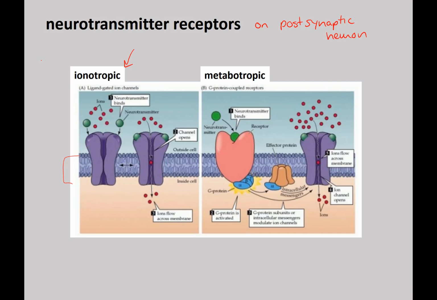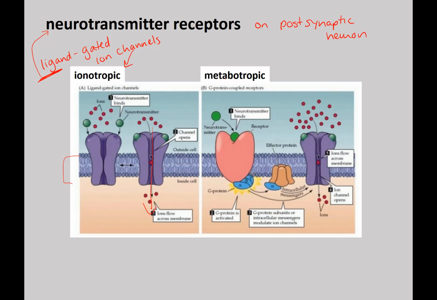So these are ligand-gated ion channels. And the ligand is the neurotransmitter. So when the neurotransmitter binds, the channel opens and the ions flow across. And you can imagine this results in faster action potentials because you've got movement of ions, which is going to change the membrane potential.